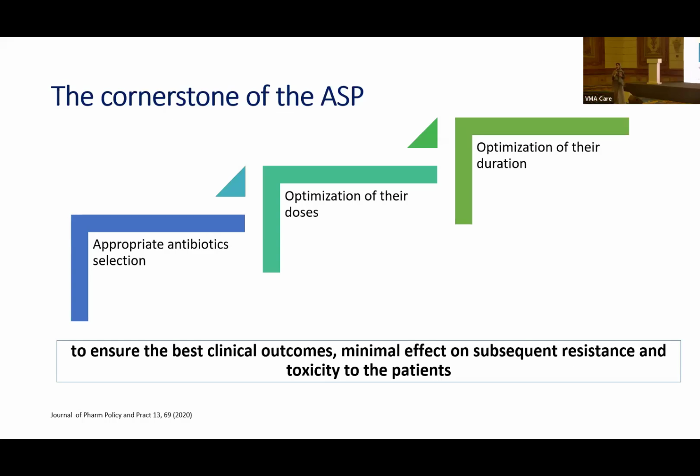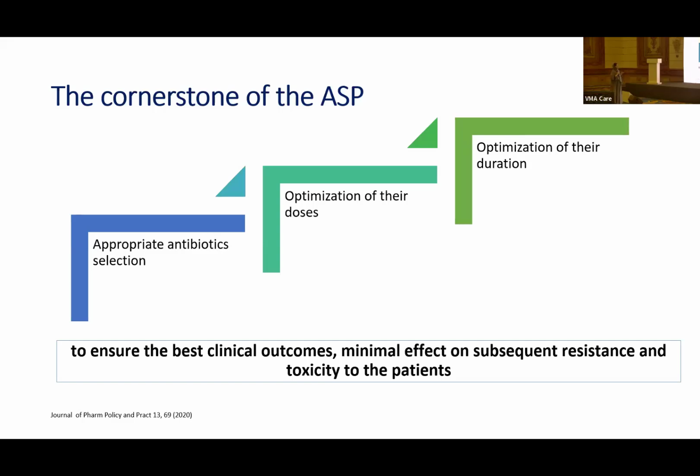Let's say a patient is on an antihypertensive medication and we did not optimize his medication and his blood pressure was not controlled; the day after, we come and adjust the doses. Yes, there is a little bit of harm, but it's not the same as when we are not appropriately dosing an antimicrobial. We're giving the bacteria the chance to develop resistance from this small dose. This is why dosing is very important, as important as the choice as well.